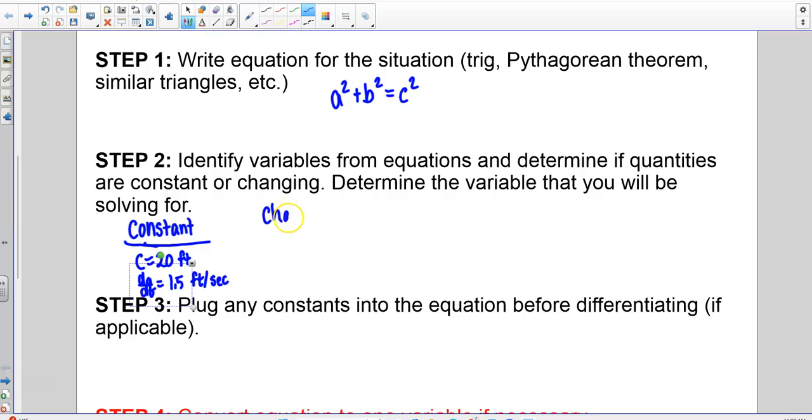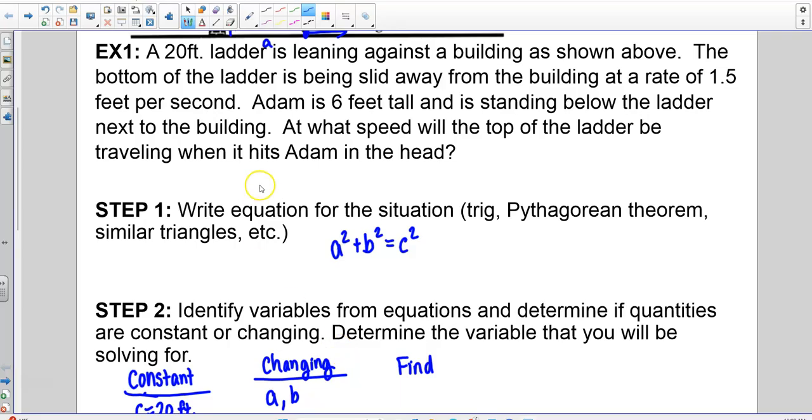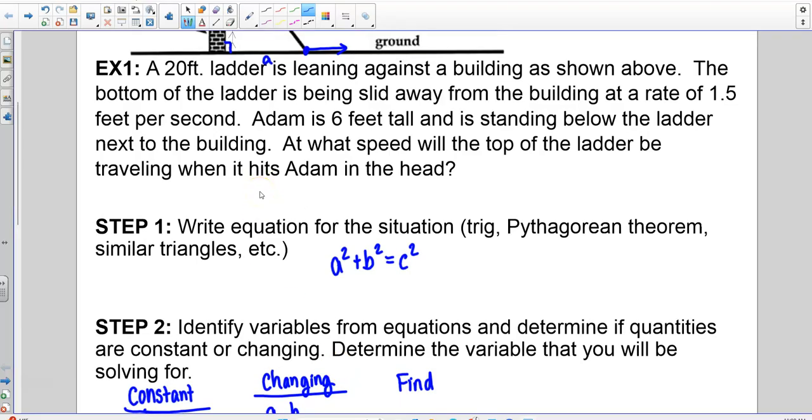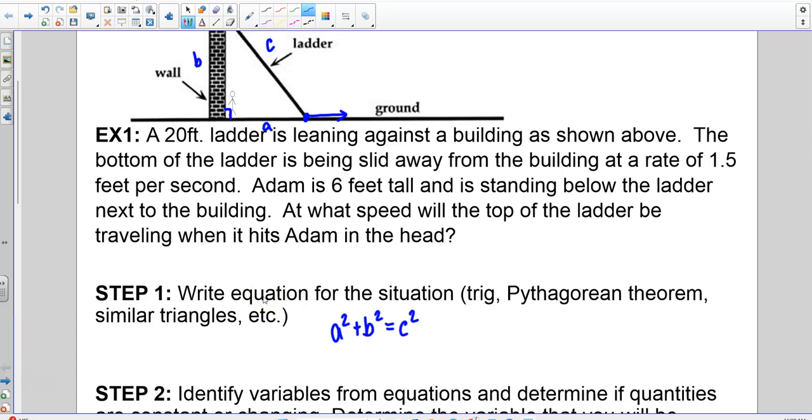Changing, we've got A and B. A and B are both changing. The ladder length is constant. And we need to find the speed of the ladder when it hits Adam in the head. A speed is a specific type of rate, where it can't be negative, even though velocity will be negative here.